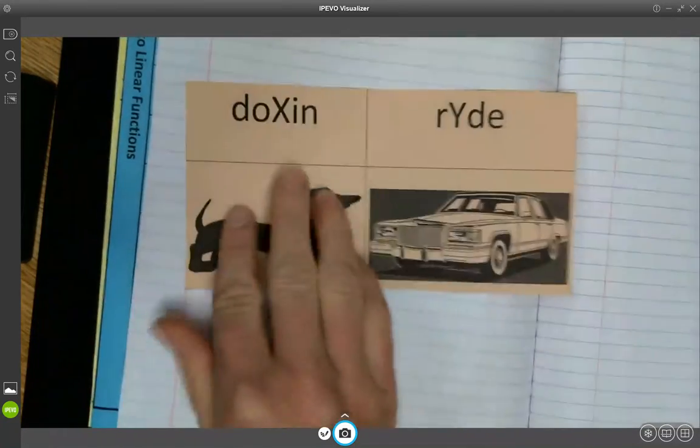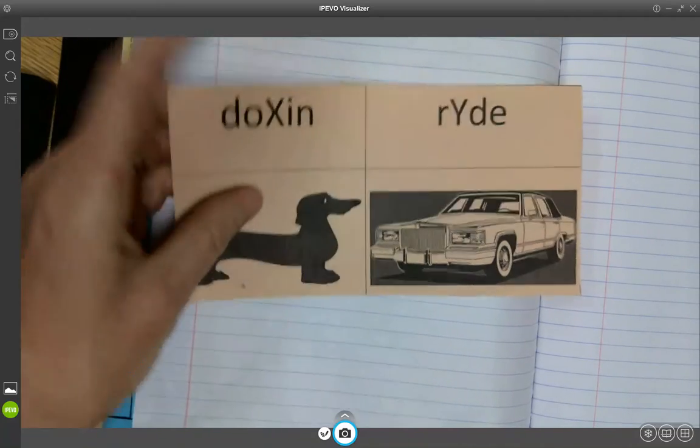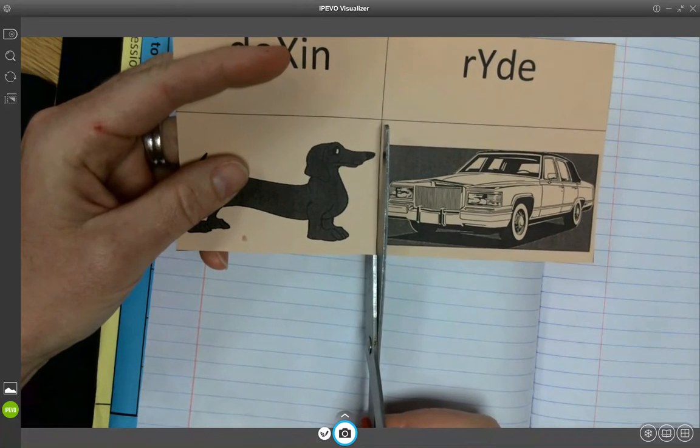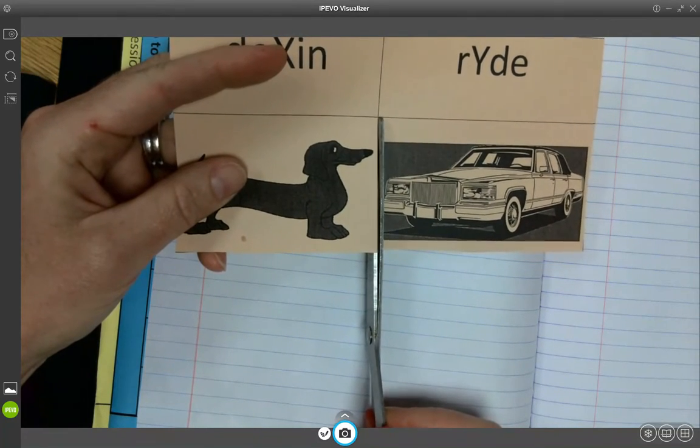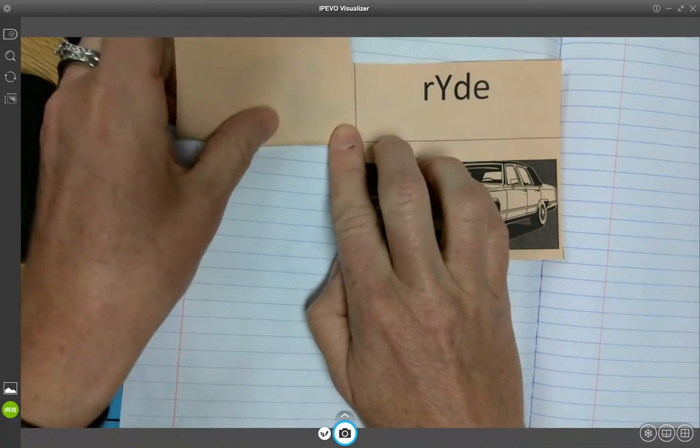We are going to cut this out, and then we are going to make these little flaps like this.